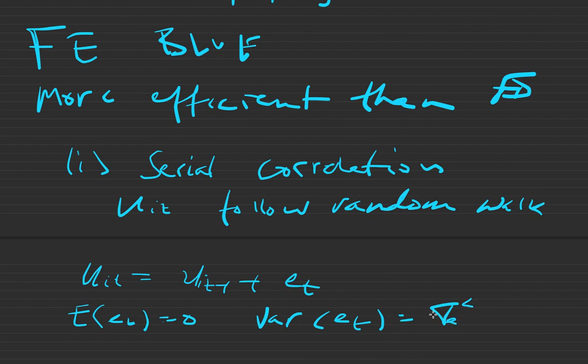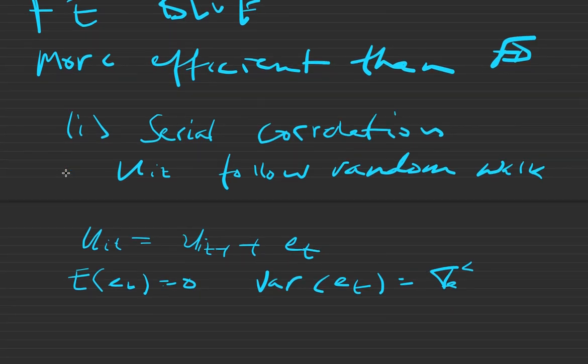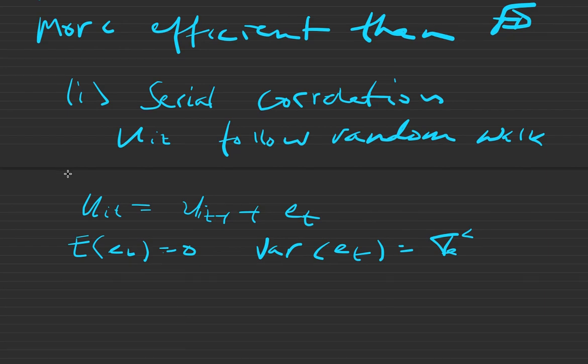Then in the first difference estimator, in this case where we have serial correlation, delta u_it would not be serially correlated.